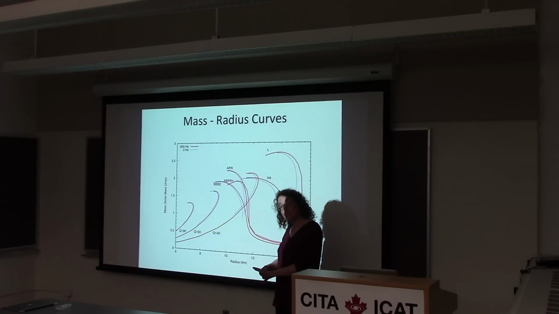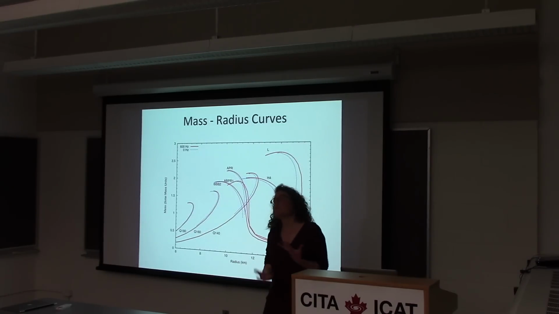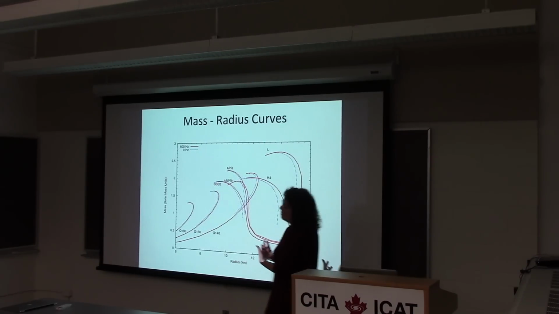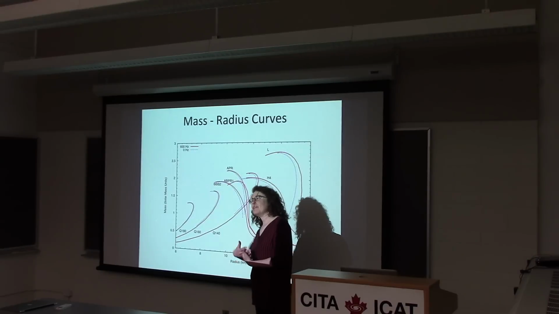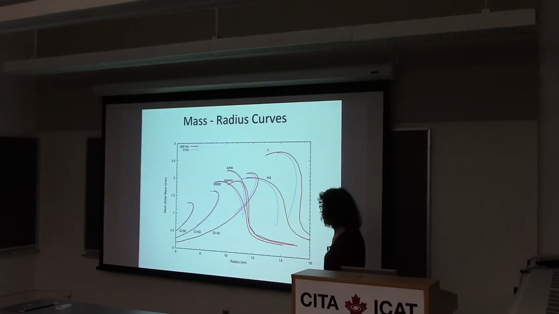And if you had that information, that would allow you to infer all sorts of other interesting things. For instance, you could start understanding better the properties of superfluidity in neutron stars, or almost any other measurement. You could get rid of the uncertainty of the equation of state if we actually knew what it was.